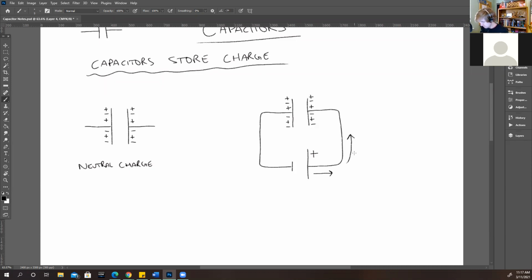Now this was a positive current I was referring to. Maybe your lecture instructor has already gone over this, but that's the big thing that we have to address. It's kind of like a lie.